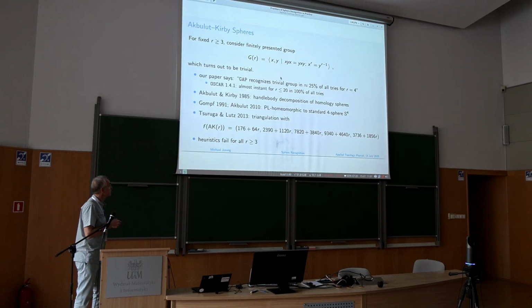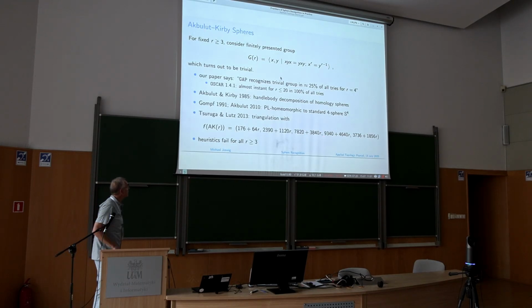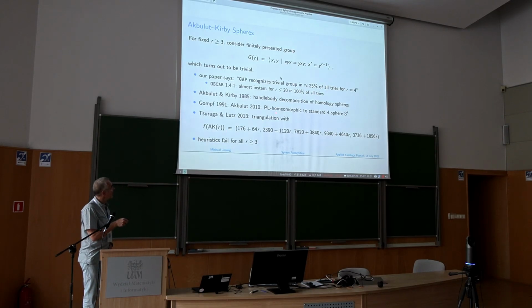And here's another contribution of Frank with his PhD student Mimi Tsuruga. They came up with a triangulation of the handle-body decomposition. Starting with this handle-body decomposition, they produced a triangulation with these parameters, where R is this parameter R, and this is the vector.